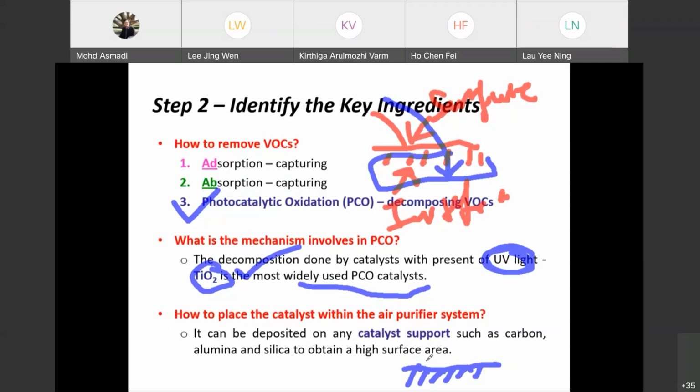Generally we need a support like carbon, alumina, silica, nickel, cerium, and so on, or char. We can use these as the support to increase the surface area or the contact between the titanium oxide and the VOC or UV light. All those things we have to consider.